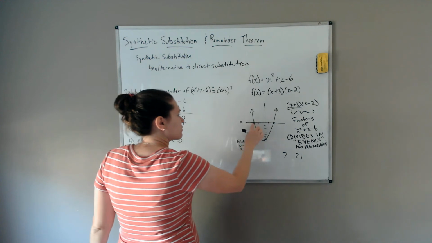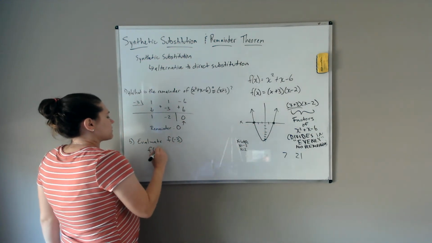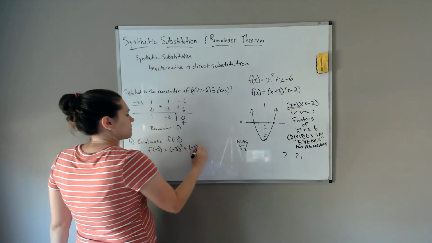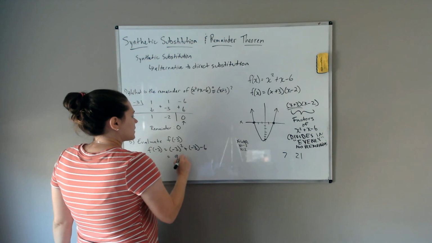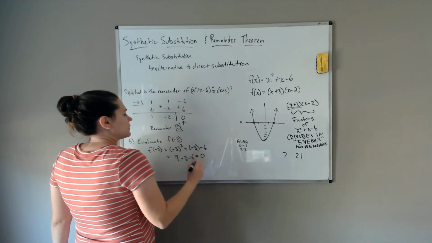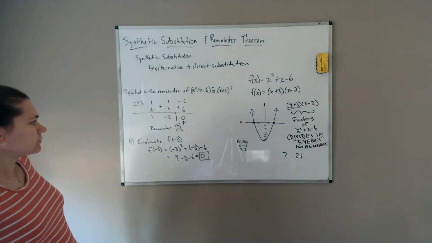The x value of negative 3 has an output of 0. So if I plug in negative 3, I get negative 3 squared plus negative 3 minus 6. That's 9 minus 3 minus 6, that's 0. All right, look, that remainder and that output are the same.